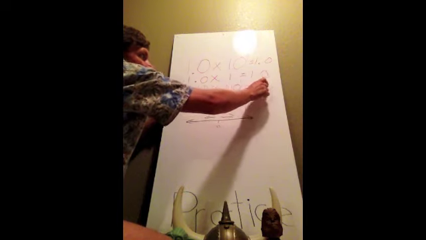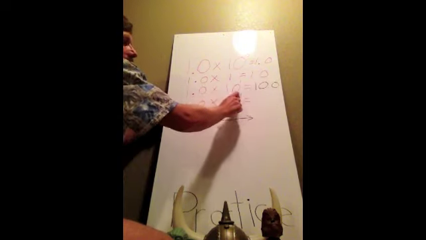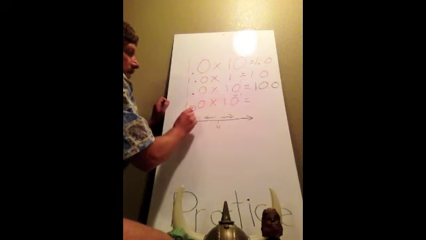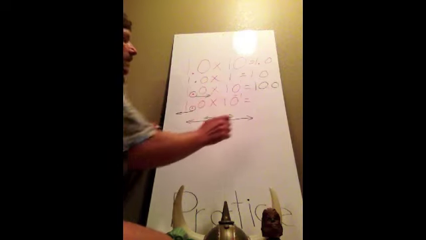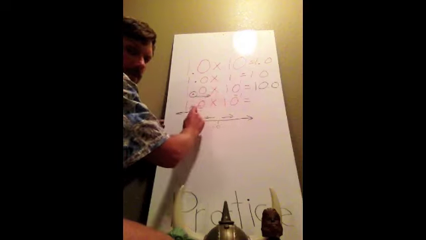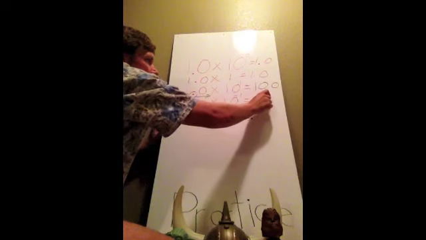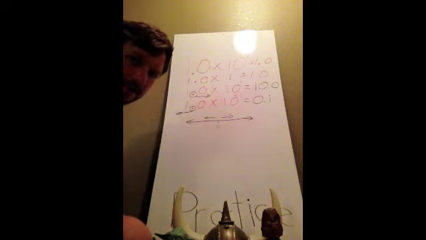So this would be 10.0. And this is negative 1, so remember we're moving the decimal point that way. The number's getting smaller, so it's 0.1. Okay? Something to think about.